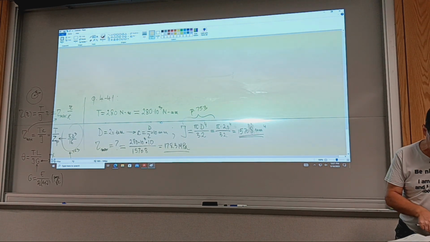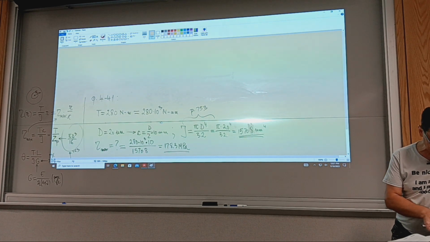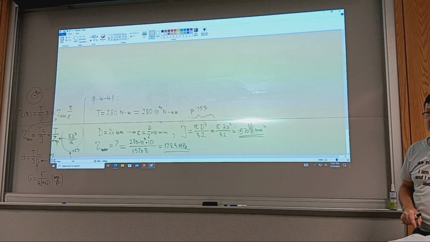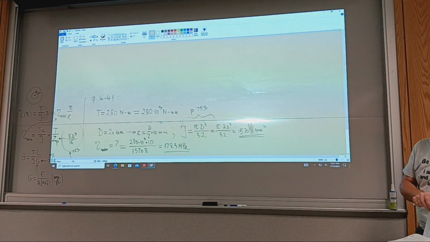So go to the page that says design shear stress for direct shear and torsional shear stresses. These are for ductile material. So for static loading at steady torque, the design factor is usually 2.